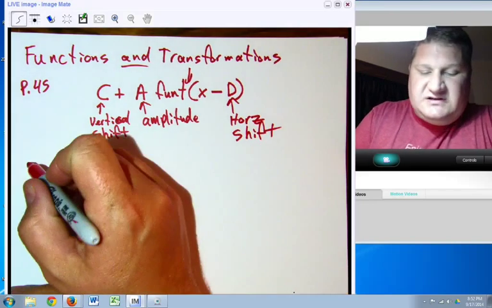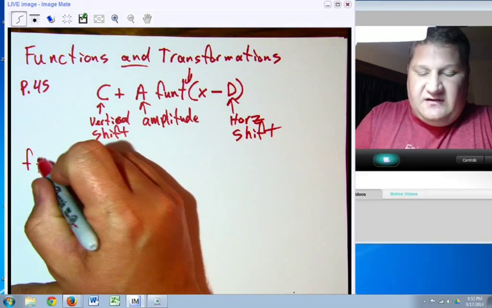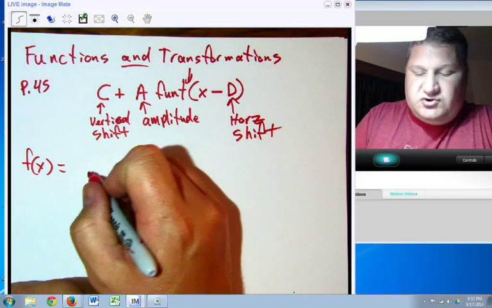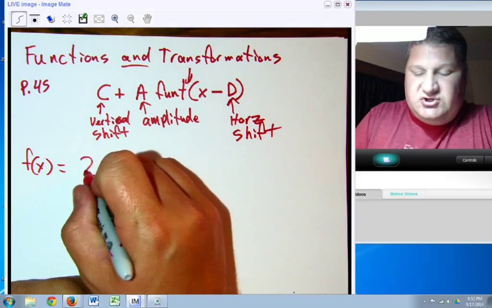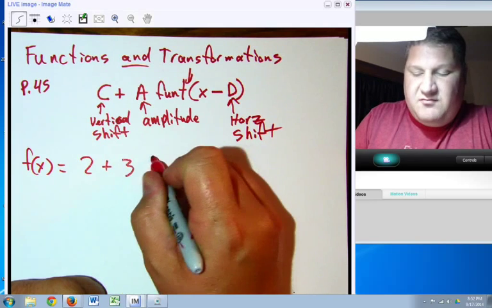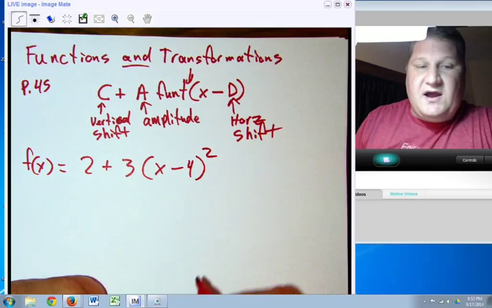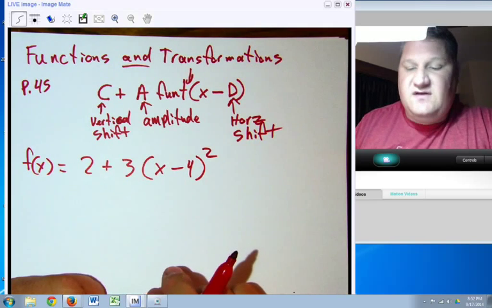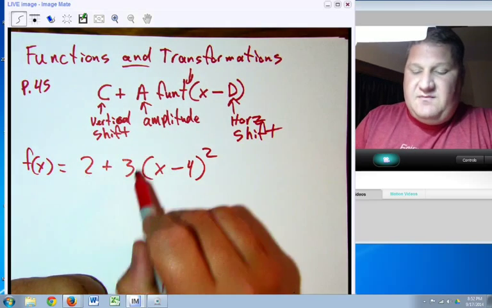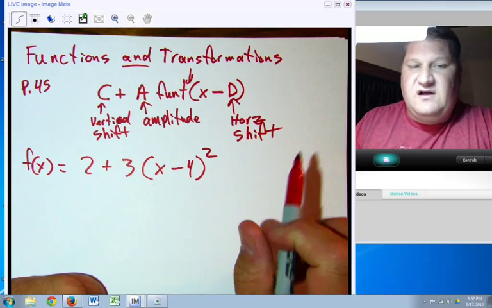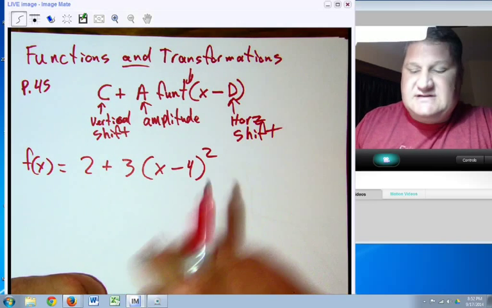So, if I were to take a function like f of x equals 2 plus 3 parenthesis x minus 4 squared, and we want to graph something like this. These key pieces in the right places tell us what to do with that to actually get it graphed.